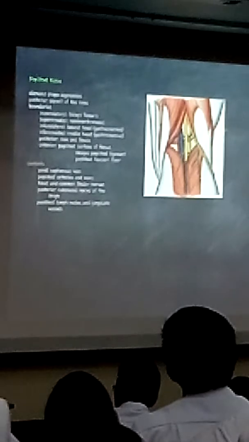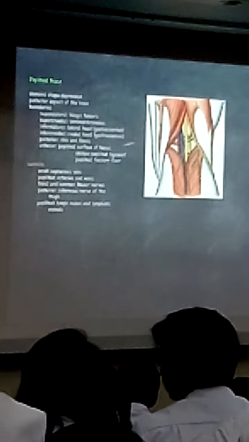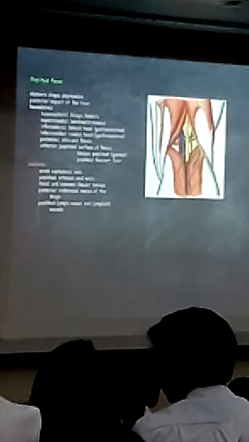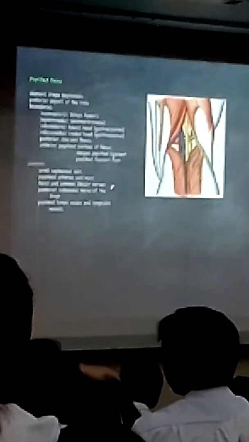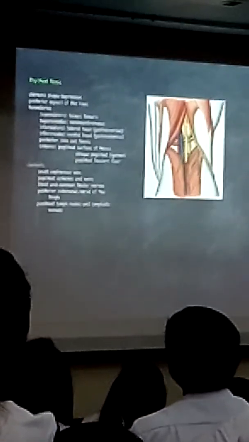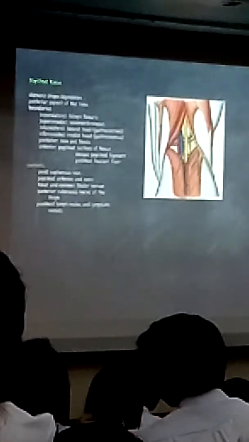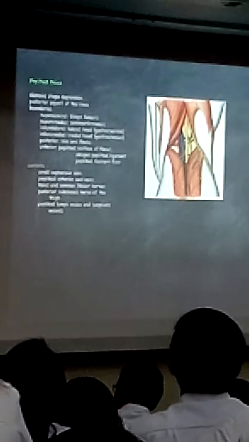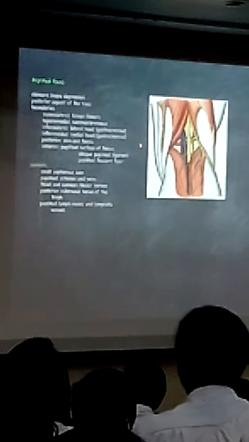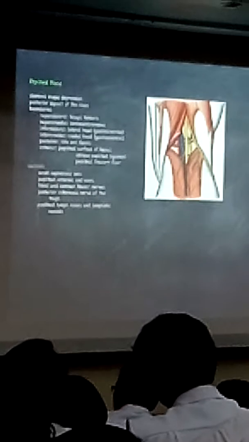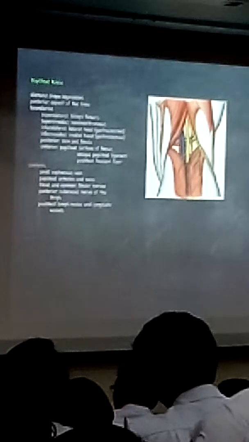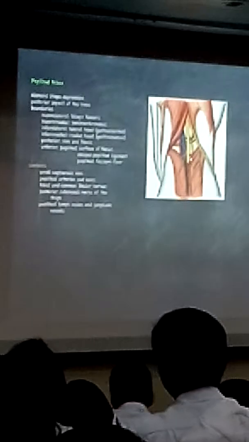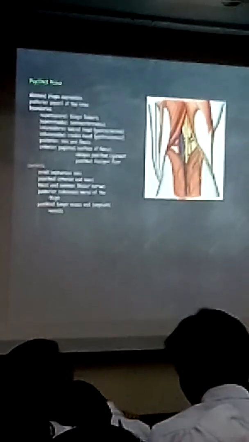So take note of this popliteal fossa, because in clinical practice, you might see patients with a crushing wound in this area. If you know the contents of this area, you will suspect what would be the injuries sustained by the patient.